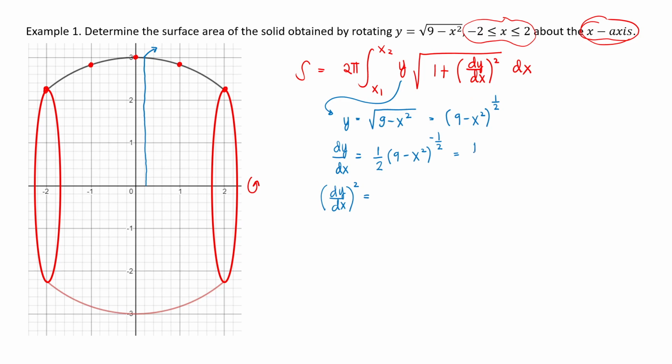So this becomes 1/2, and then 1 all over the square root of 9 minus x squared. Because again, it's to the power of negative 1/2, so you need to bring it down into the denominator. So this becomes 1/4 rather, 1/4. Let's just rewrite it so it's clear.